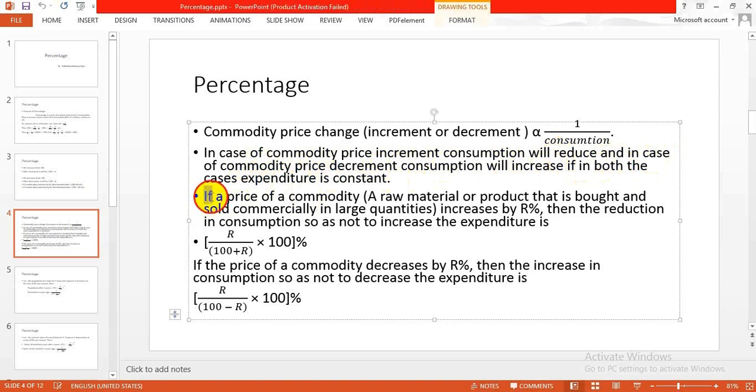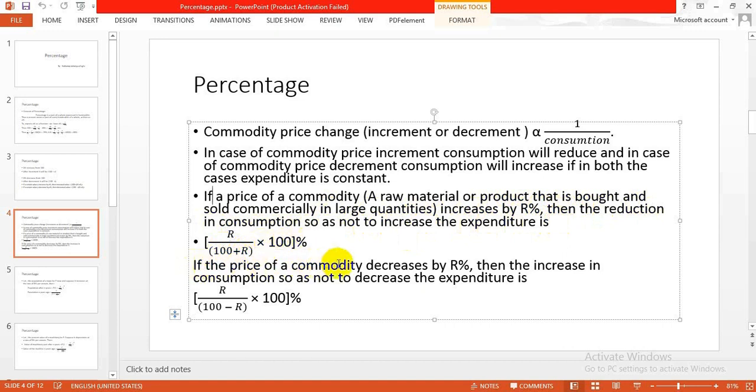If the price of a commodity, meaning a raw material or product that is bought and sold commercially in large quantities, increases by R%, then the reduction in consumption so as not to increase the expenditure is R by 100 plus R into 100 percent.